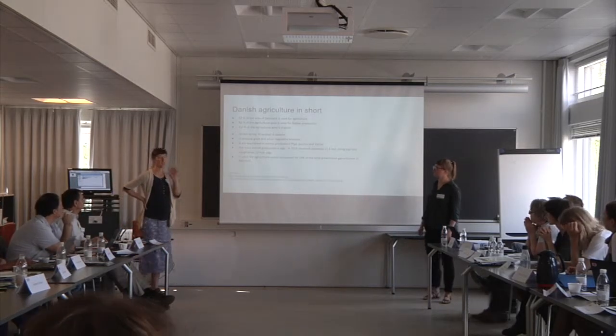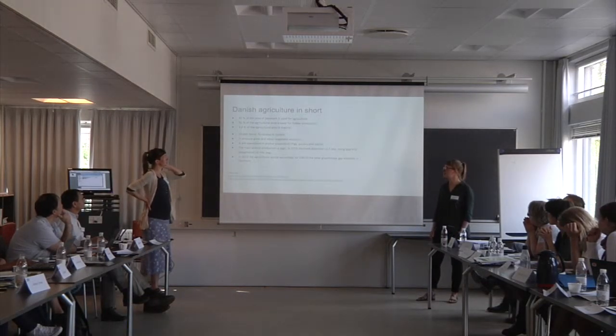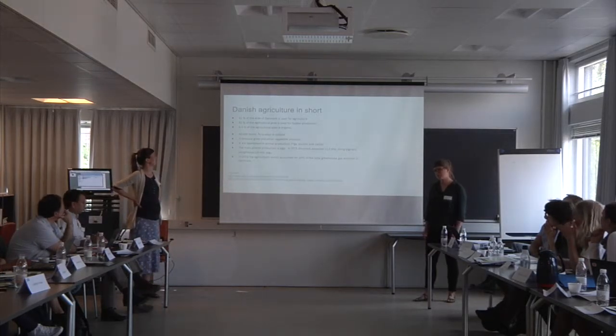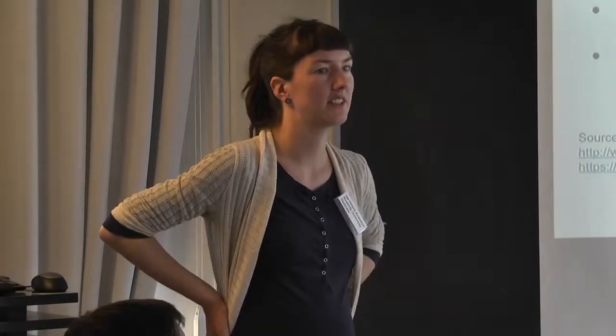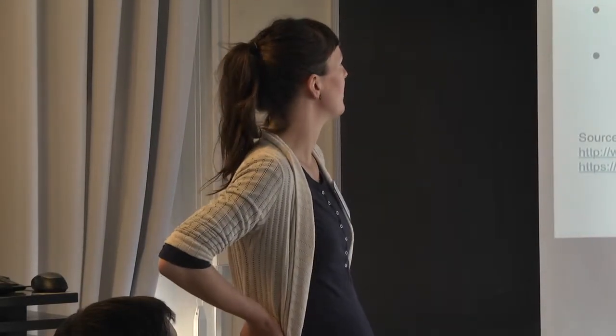Yes, and very shortly about Danish agriculture. 62% of the area of Denmark is used for agriculture, and 82% of that is used for fodder production, and only 6.6% of the area is organic farming.